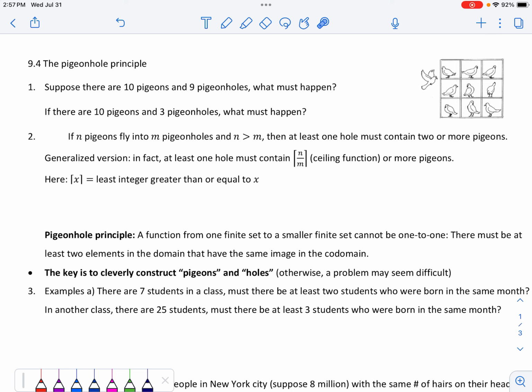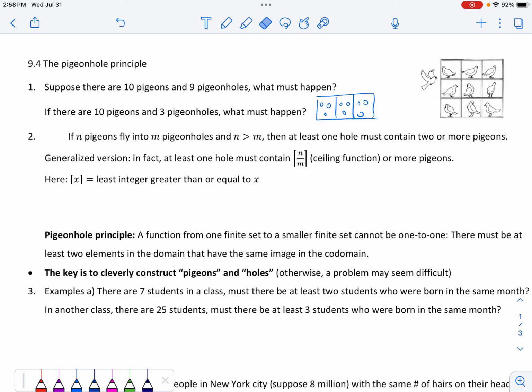So that's for sure. And now, what if there were 10 pigeons and only 3 holes? Again, there are many possibilities. Several possibilities can happen, but for sure, if we place 3 pigeons in each hole, the 10th one must be in one of those 3, right?